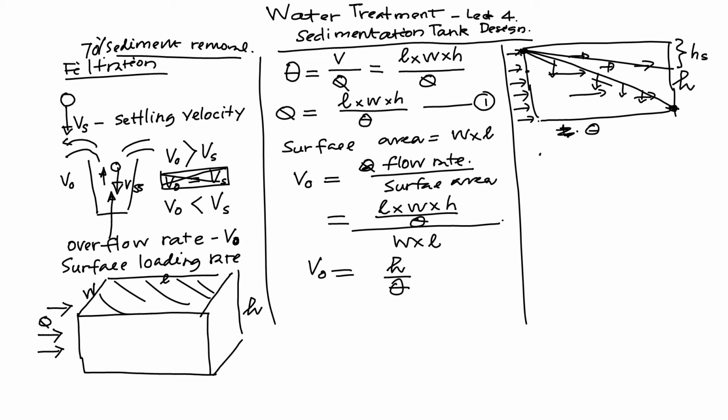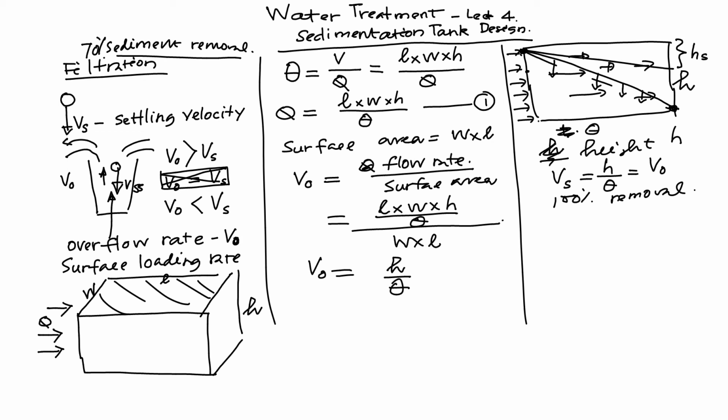During that time, this particle has to drop height h. That means if the particle velocity is the same as h over theta, that means V naught, then you get 100% removal of the particle.